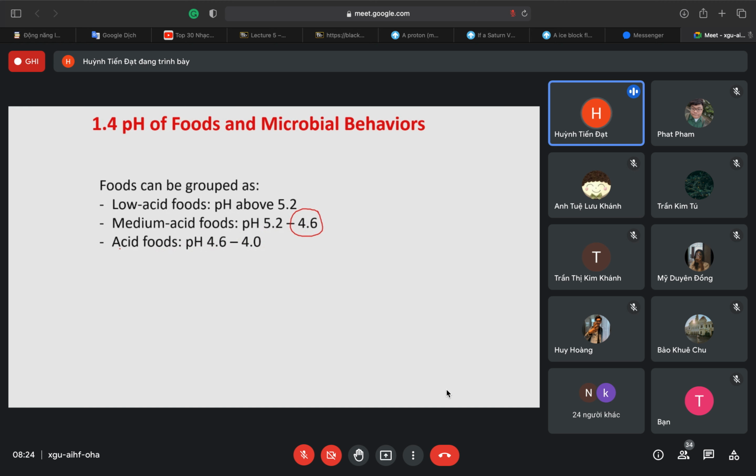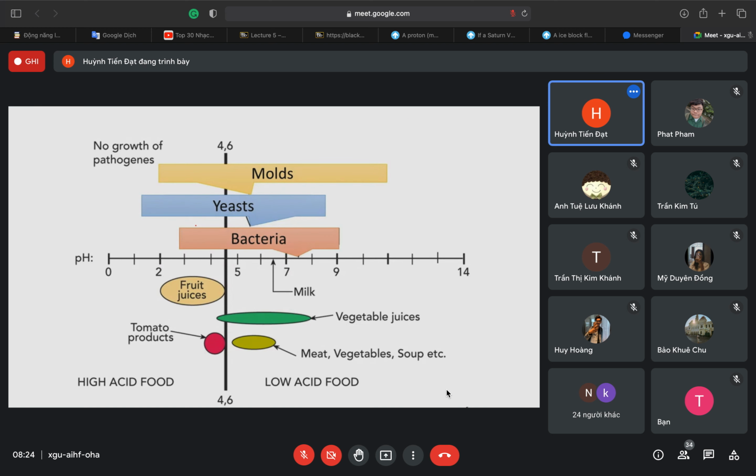The acid food range is between 4 and 4.6. High acid food has a pH value below 4, which means very strong acid in the content of the food, so that is low pH. So 4.6 is the key, a very special number regarding the pH value. That is the reason why they mentioned 4.6.